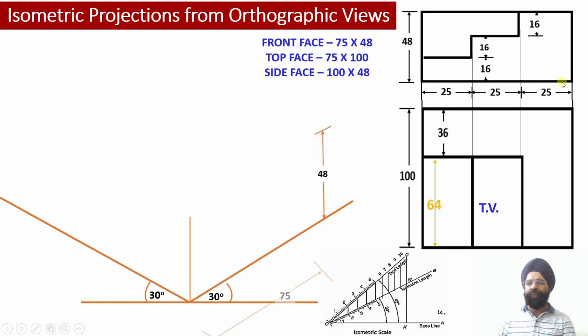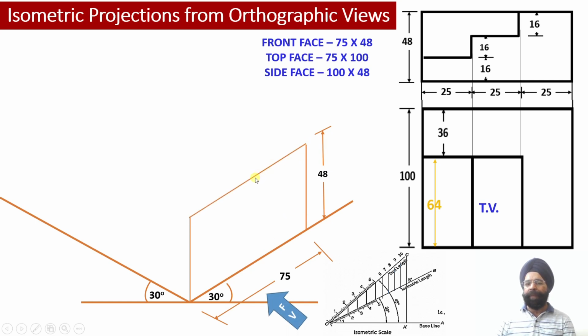So let us draw the front face of the solid. Please check the size of the front face dimensions. It is equal to 75 millimeter length and 48 millimeter height. So we have drawn 75 millimeter length and 48 millimeter height over there. So our front face has been completed.